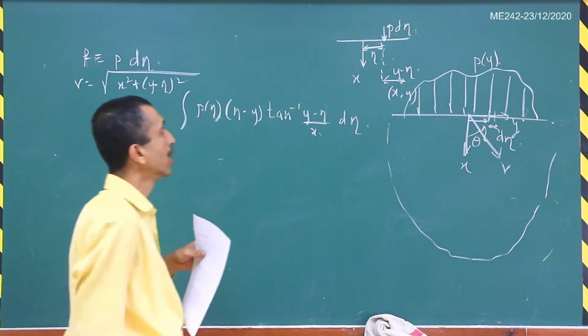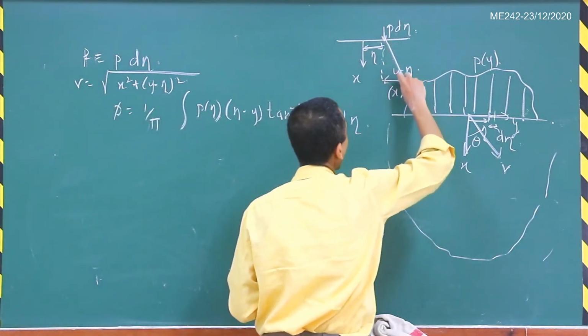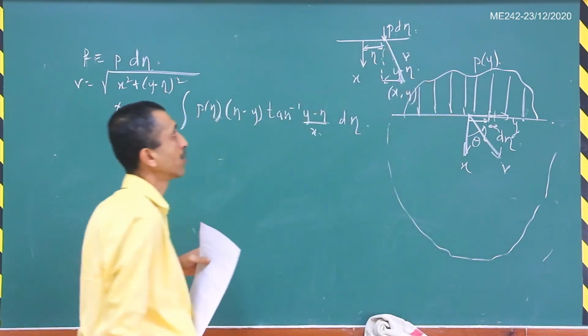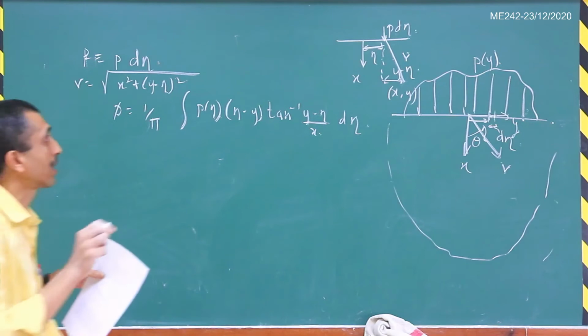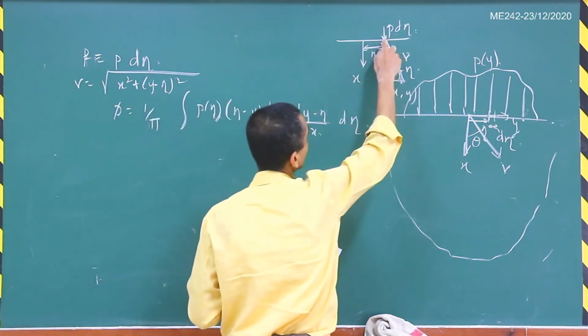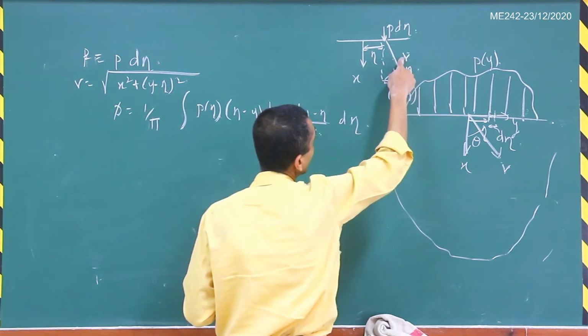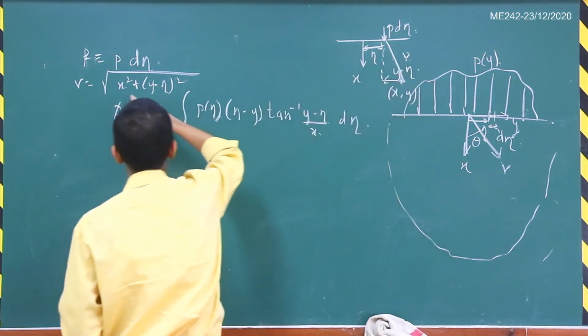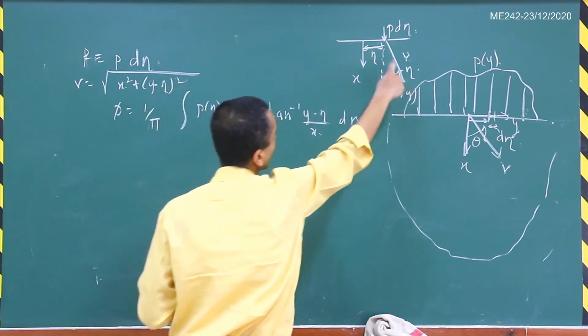And so this is your r from the local coordinate system. If you establish a local coordinate system here, then this r is nothing but x square plus (y minus eta) whole square, under the root.